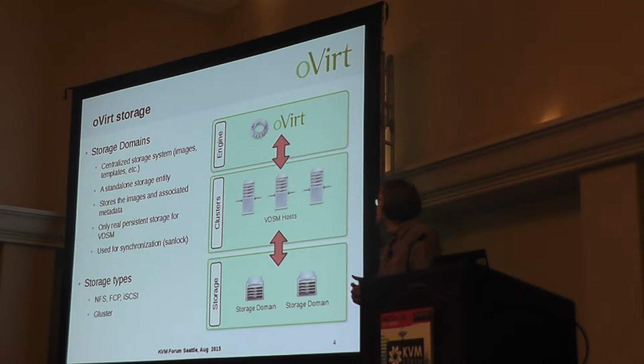Now, you see on the illustration you can have multiple storage connections, and we support technology like NFS, FCP, iSCSI, and Gluster. Gluster is on a separate line because it's a different kind of storage. NFS, iSCSI, FCP, all are single-point services, basically.